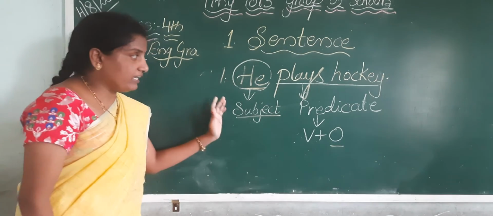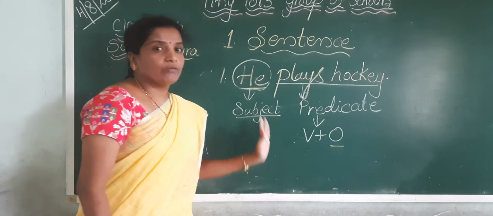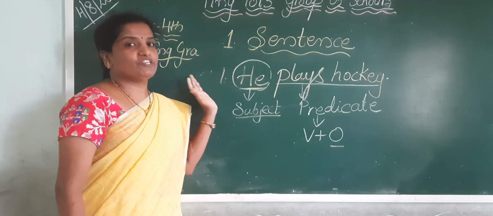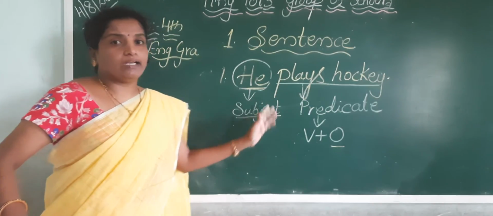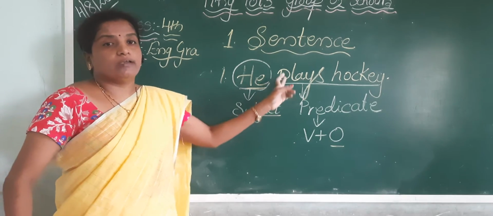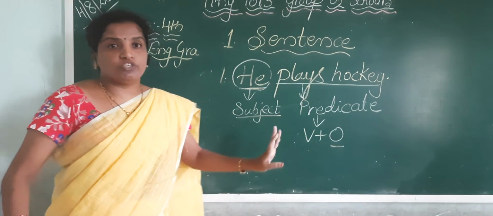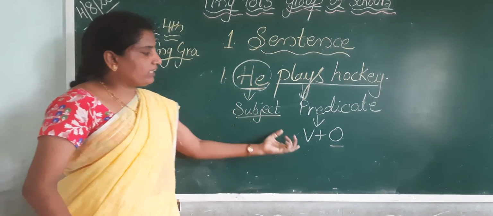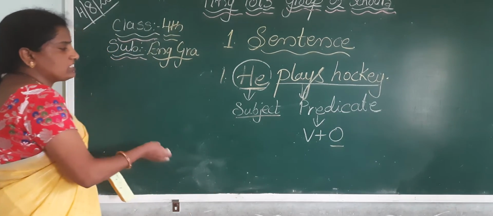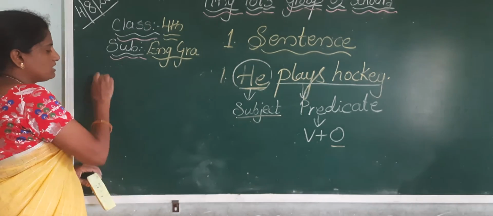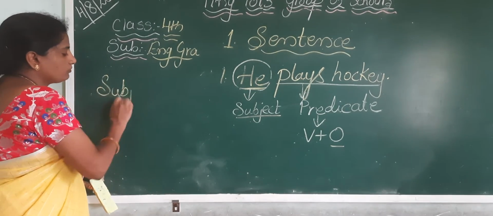We can divide a sentence into two parts. One part is known as the subject, another part is known as the predicate, and the predicate includes verb as well as object. Now I will give you the definition for the subject, verb and object. Here, see children, the first part is the subject.